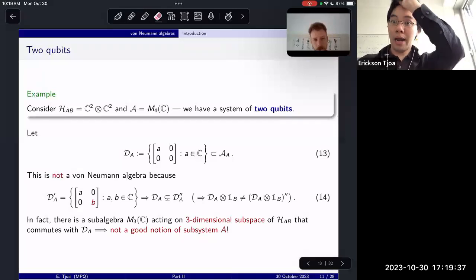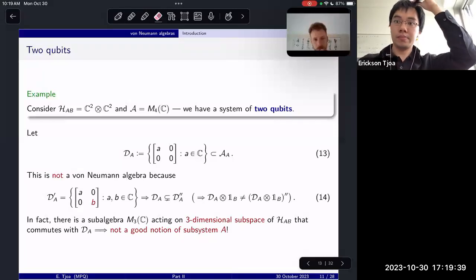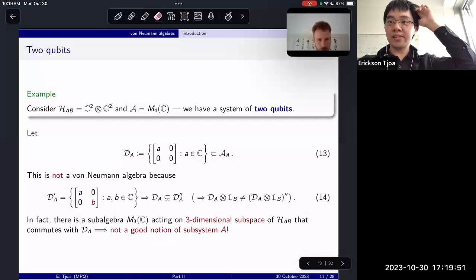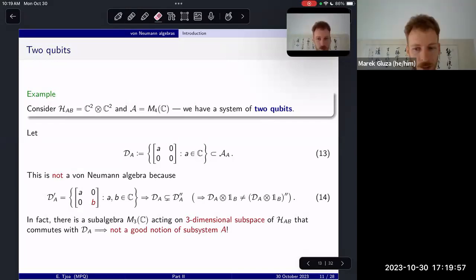You need to do a double prime on dA, and that gives you a von Neumann algebra. So d double prime will be a von Neumann algebra, yes? Yeah, or in this case, strictly speaking, it is dA tensor identity, then you take the double commutant. That becomes this extension of dA, and the C-star algebra becomes a von Neumann algebra.